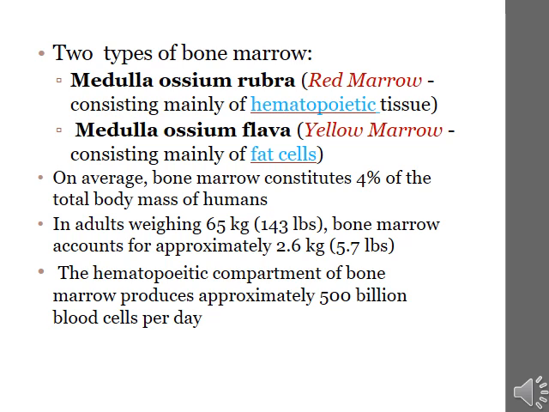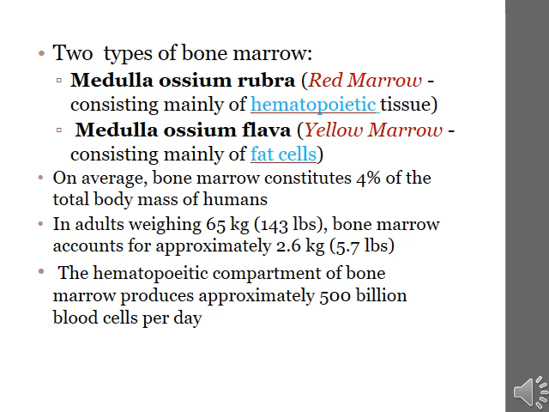So this is actually ossium flava. So you can understand that along with the hemopoietic tissue, fat cells are also high in number in the bone marrow. On average, bone marrow constitutes 4% of the total body mass of humans.